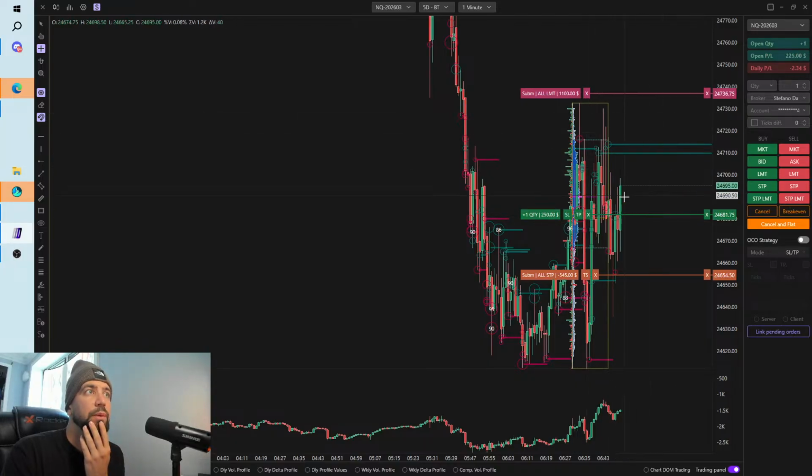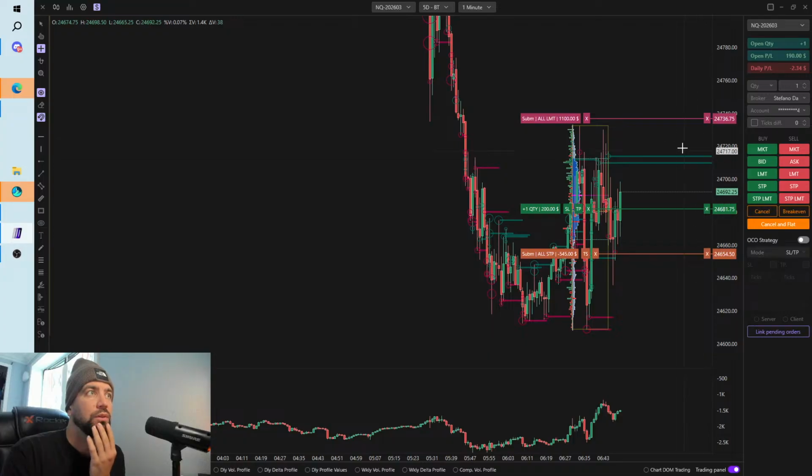But we have a big bubble here and we're respecting it, so we should go and test up here. CVD continuing to move up, so volume's moving up in our way.